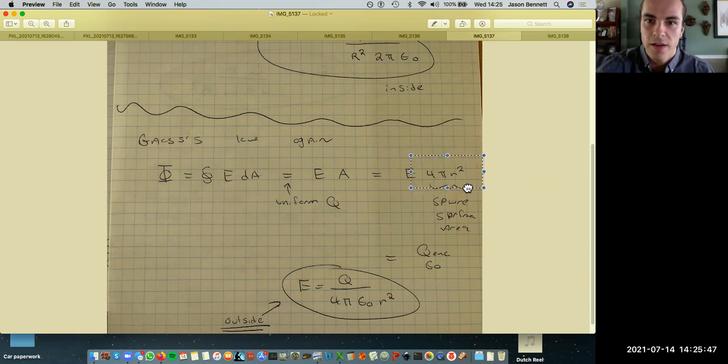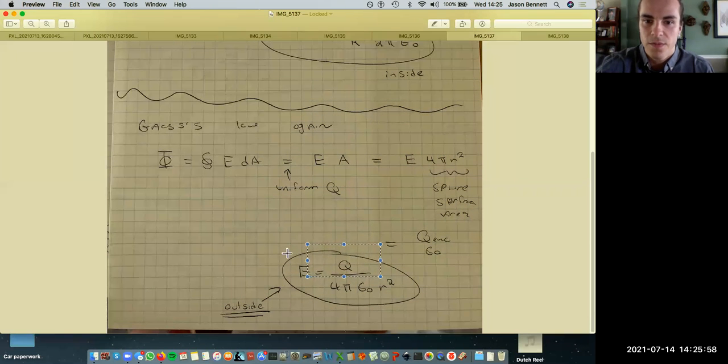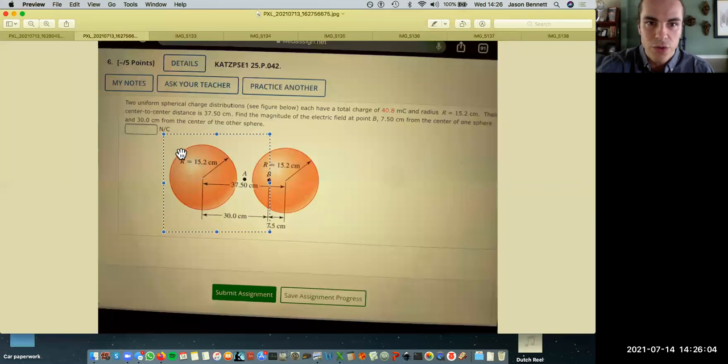So outside, by Gauss's law, this is equal to the charge enclosed over epsilon naught. I just bring the 4 pi r squared to the bottom. So this is outside. This is what we're going to use when we determine the electric field at B due to this sphere.